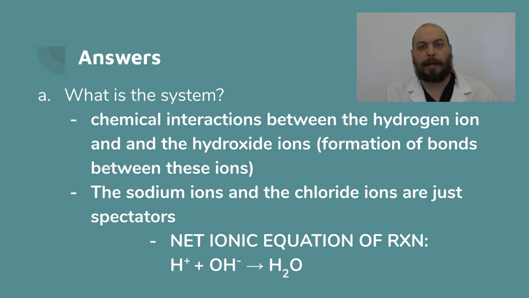Now, if you think about a net ionic equation, the only thing that's really happening here is that we have a hydrogen ion combining with a hydroxide ion to form water. So bonds are forming there. So the system itself is the formation of bonds from H+ and OH- to H2O.